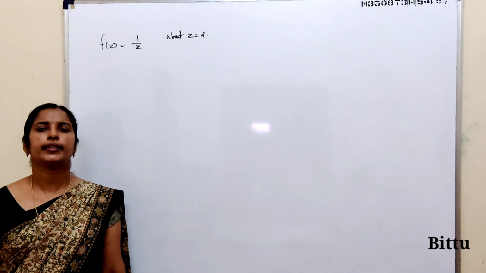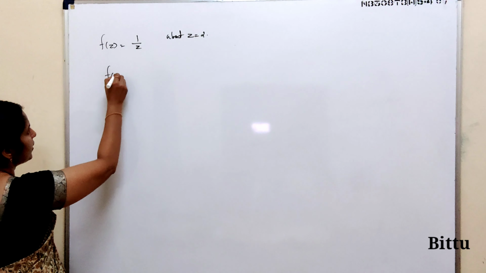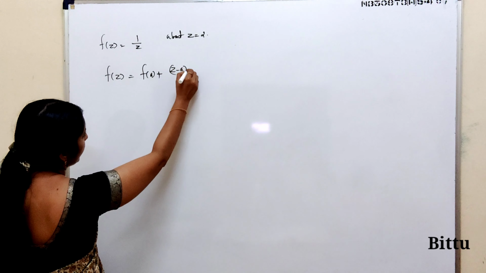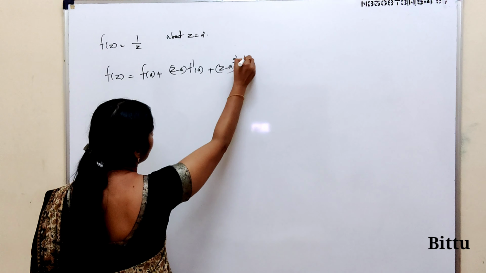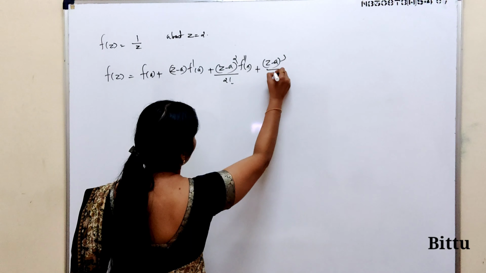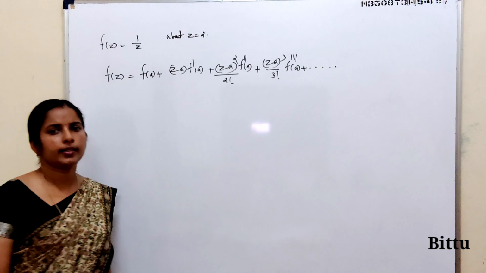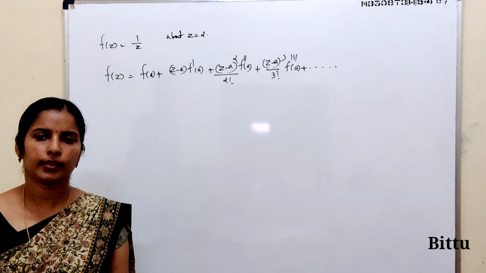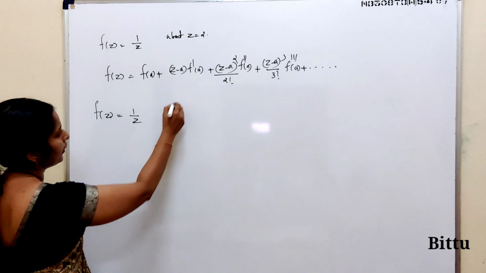You are familiar with the Taylor series of f(z) at a, and it is f(z) equal to f(a) plus (z minus a) f'(a) plus (z minus a)² f''(a) by 2 factorial plus (z minus a)³ by 3 factorial f'''(a) plus etc. See, this is our Taylor series expansion of f(z) at a. In this question, f(z) is 1 by z and a is 2.